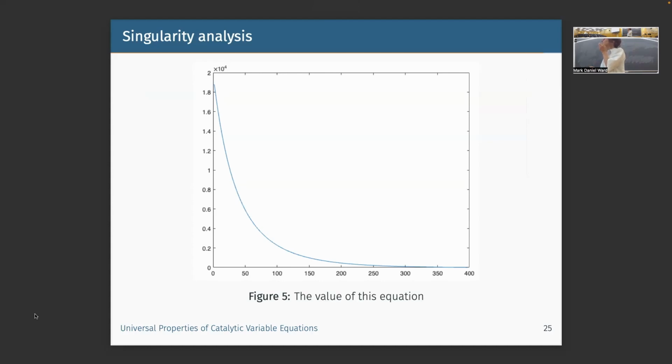But still, if you look at the value of this equation, it starts basically at infinity, and then it becomes very small, and it can become arbitrarily small. So it's not always obvious that it's not 0, and it makes sense to check.